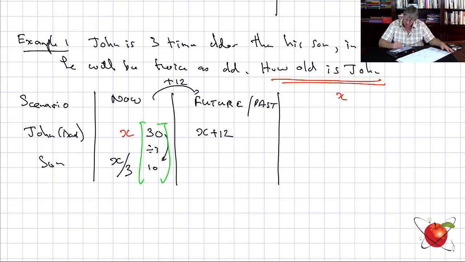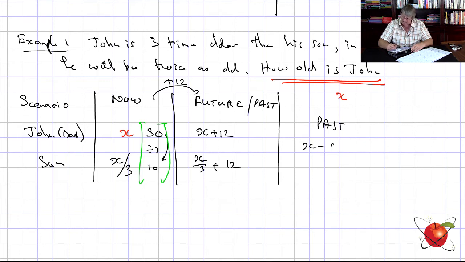Which means the son, he's now x over 3. We also have to add 12 to him. This is in the future. If they'd gone back in the past, the dad would be x minus 5 years, let's say. So the past is the current minus how far into the past. The future is the current x plus so far into the future.